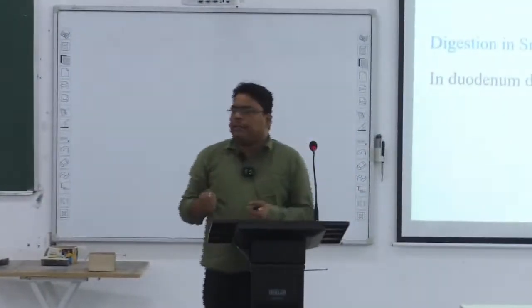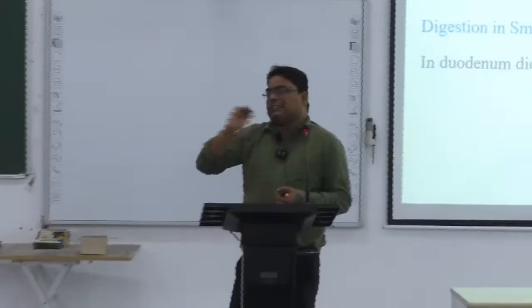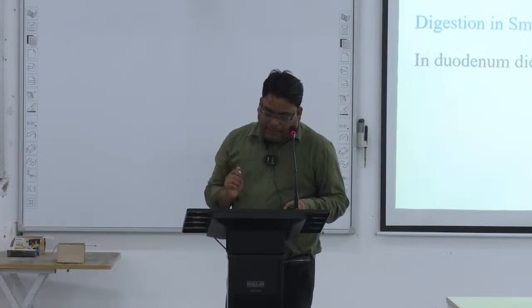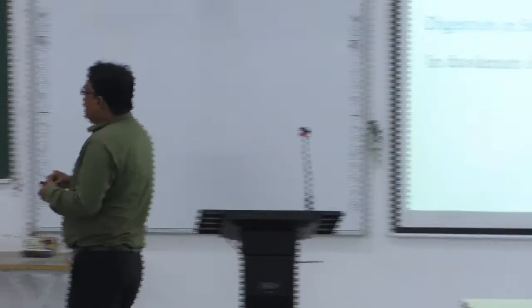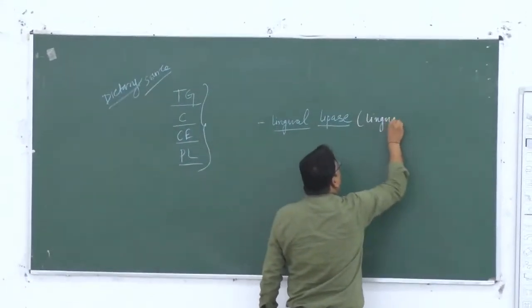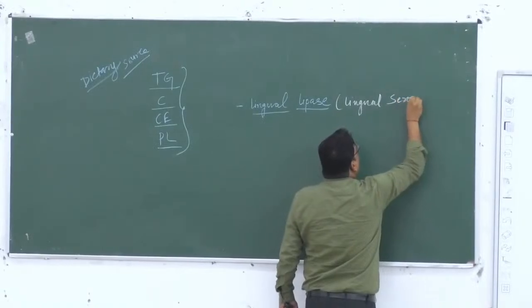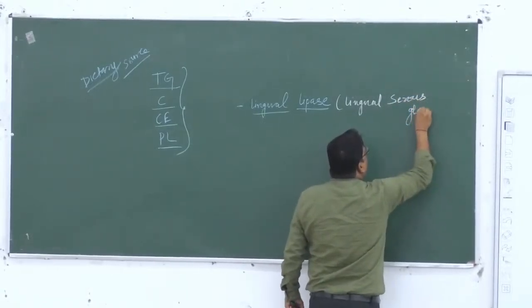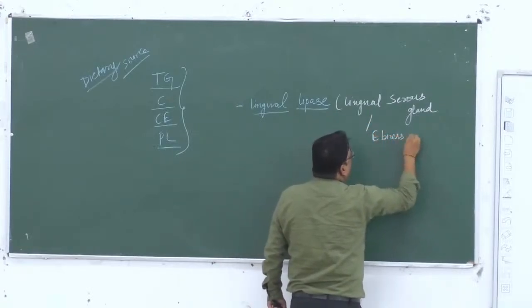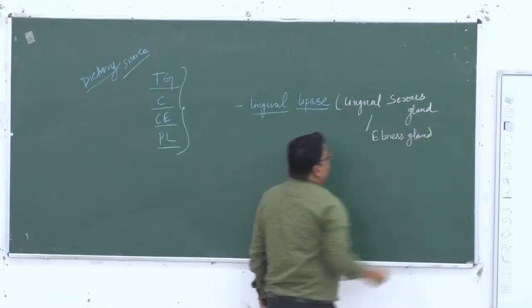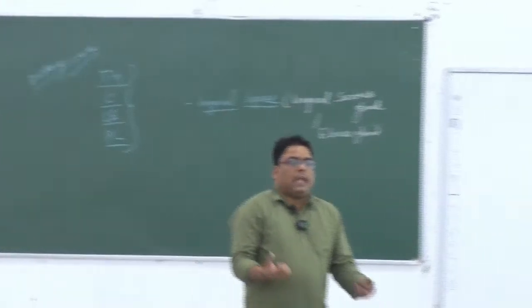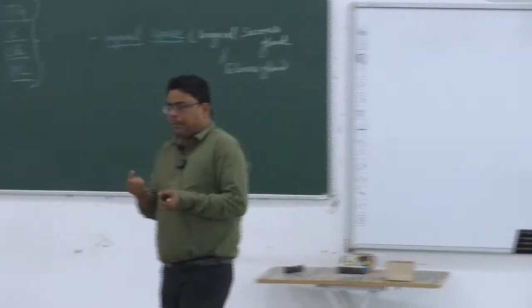Okay, and where does it come from? It comes from the dorsal surface of the tongue, where Ebner's glands are present, which we also call lingual serous glands.